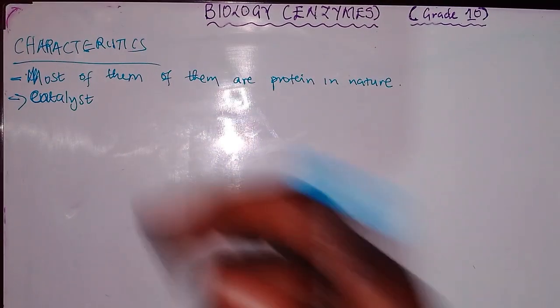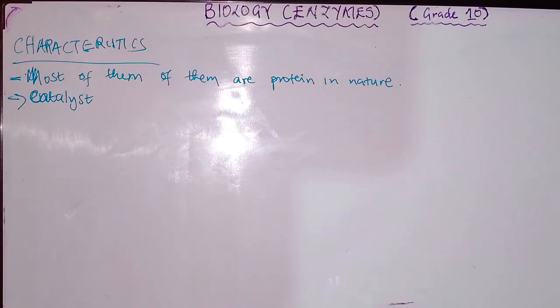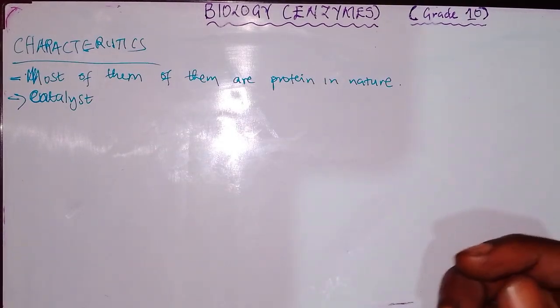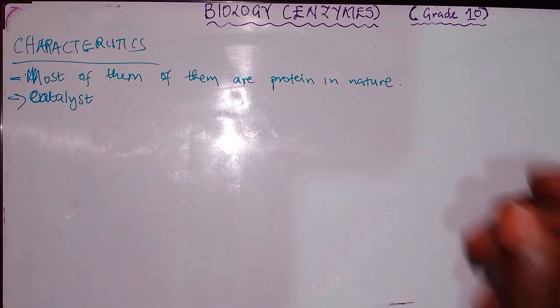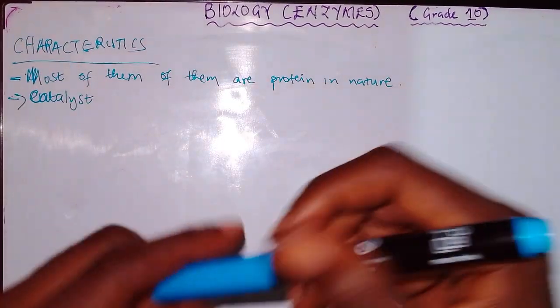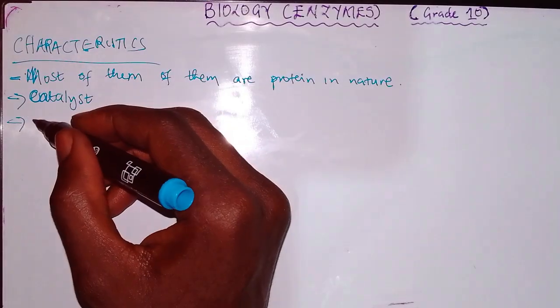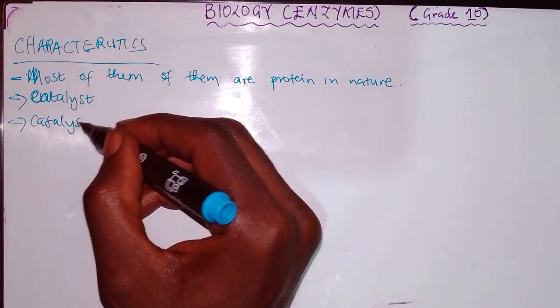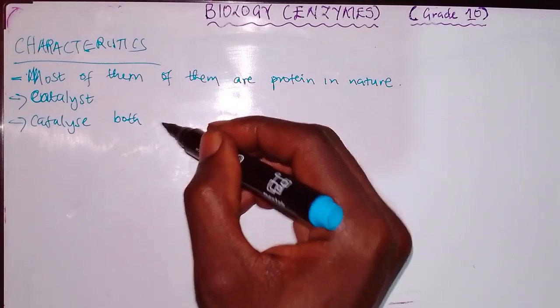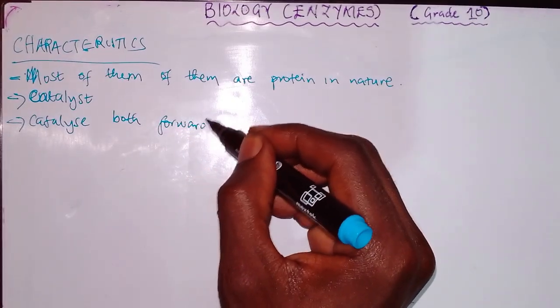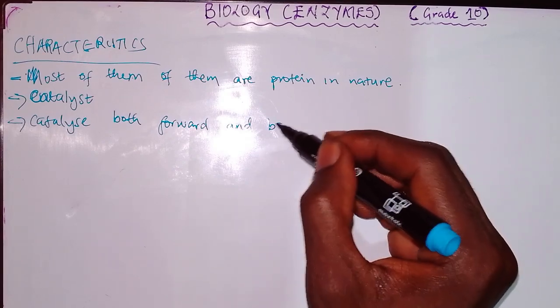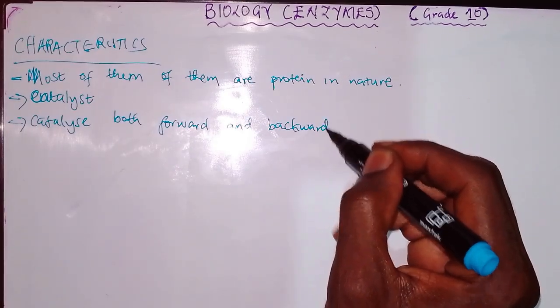I explained the meaning of catalyst, where I said a catalyst is something that speeds up a chemical reaction. Then the next characteristic which you need to know is that they catalyze both forward and backward reactions.